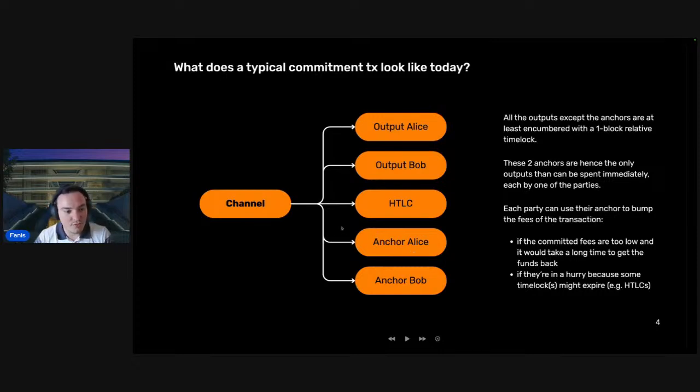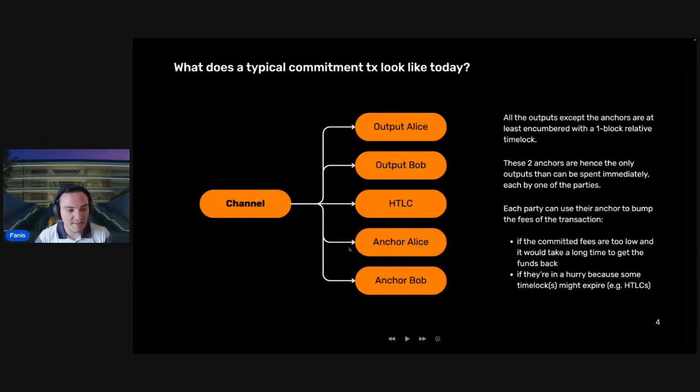And so why do we use these anchors? Basically, the idea is that we can increase the fees of the transaction by adding a child to this transaction that spends from the anchor. We are using something that is called child pays for parent, so CPFP.